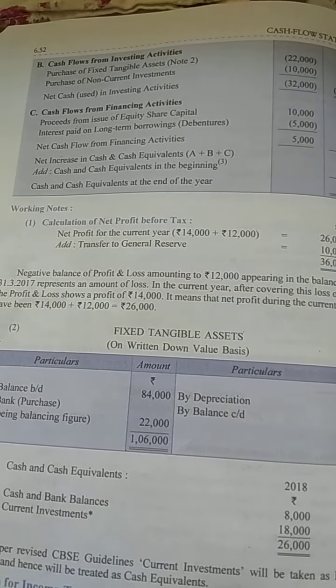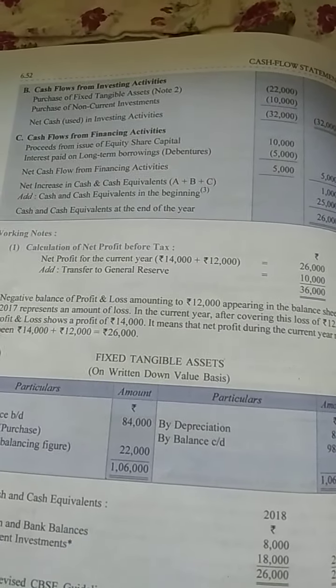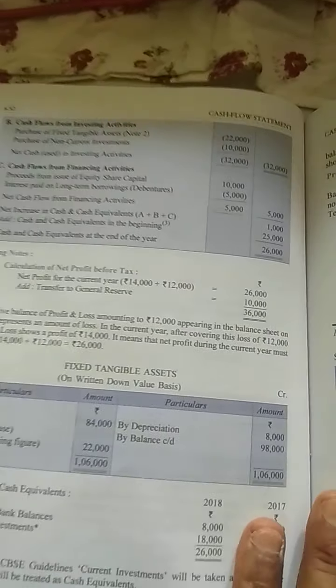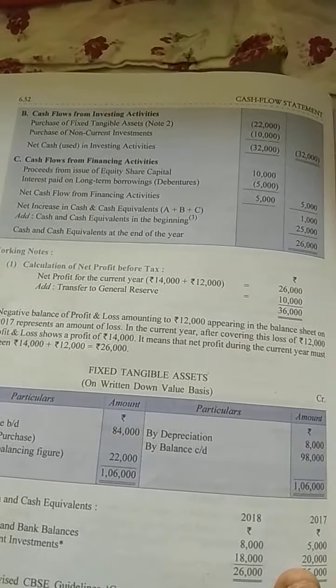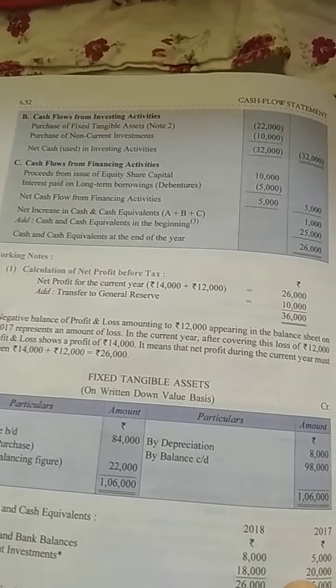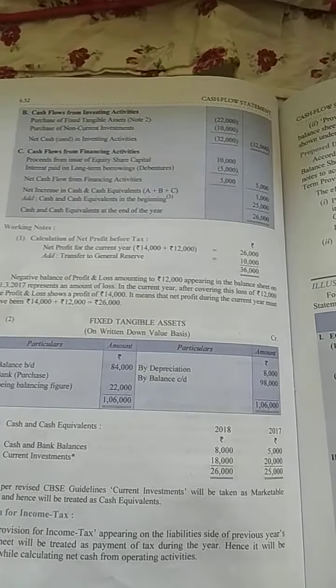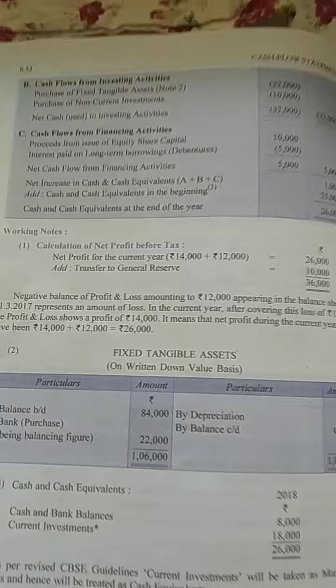Net cash flow from all activities, A plus B plus C. If we do the simplification, there is a net increase of 1,000. So the net increase in cash and cash equivalent is 1,000. Then we will add the opening, which is last year's closing that we showed in the working note. If you see in the working note, last year's opening cash and cash equivalent is 25,000, so we will add 25,000. So we are getting the cash and cash equivalent at the end of the year as 26,000. You see the working note, we have computed the closing cash and cash equivalent as 26,000. Therefore, this figure is matching and our cash flow statement is complete.